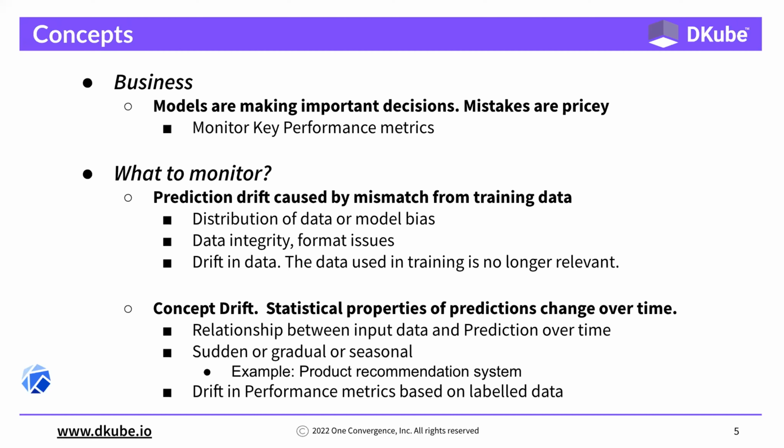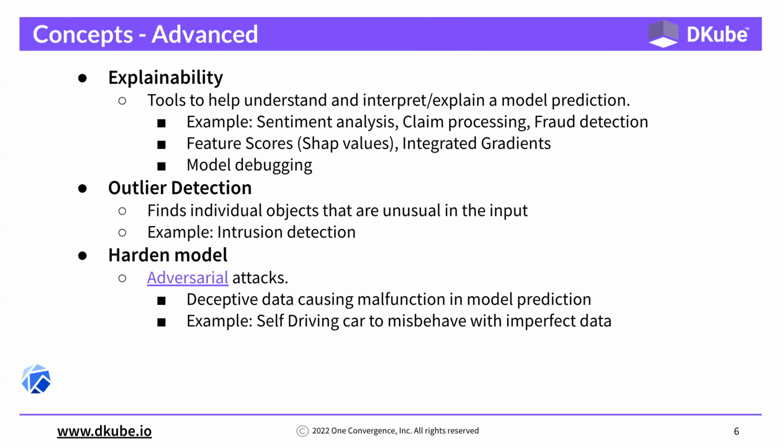It could be a sudden change, like in the case of an epidemic, or it could be a seasonal change. For example, on Christmas Eve, you would want to recommend something else, or it could be a gradual change. So you would need to measure and compute the drift on the input data, as well as, once you have the label data, predict the performance degradation, based on the model type.